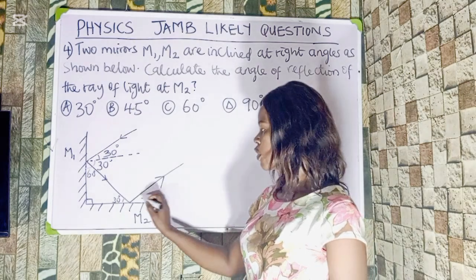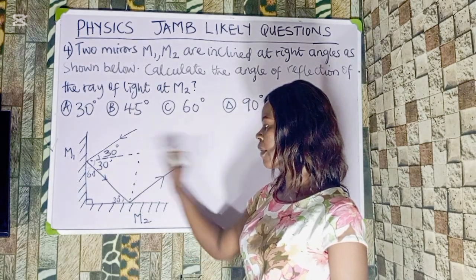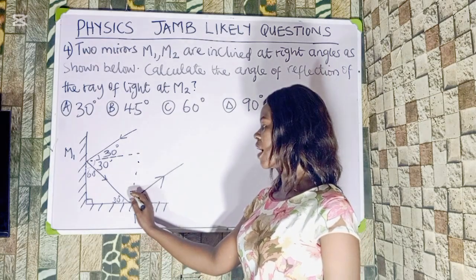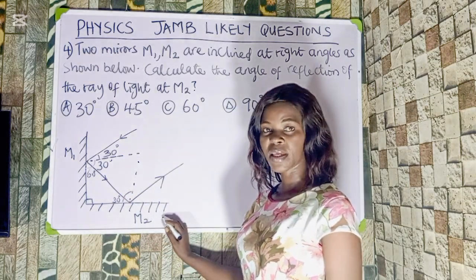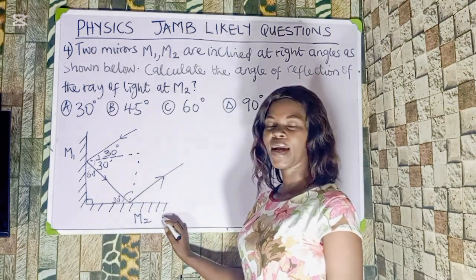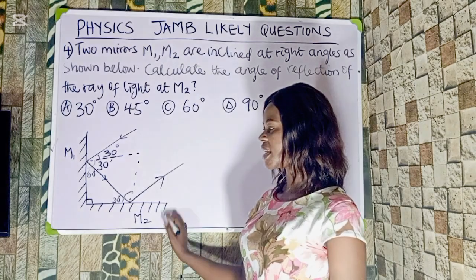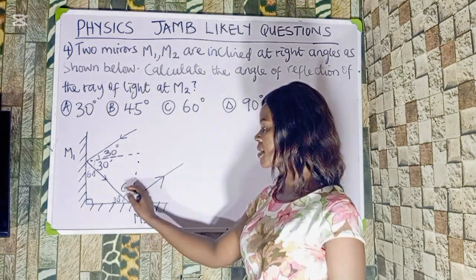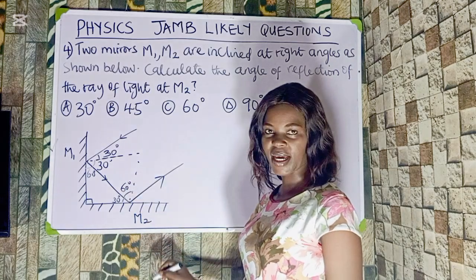At mirror 2, we are going to have our normal. Now using our normal, which is 90 degrees, if we have our glancing angle to be 30 degrees, what will be my angle of incidence? We are going to say 90 minus 30 to give me 60. Is that clear?